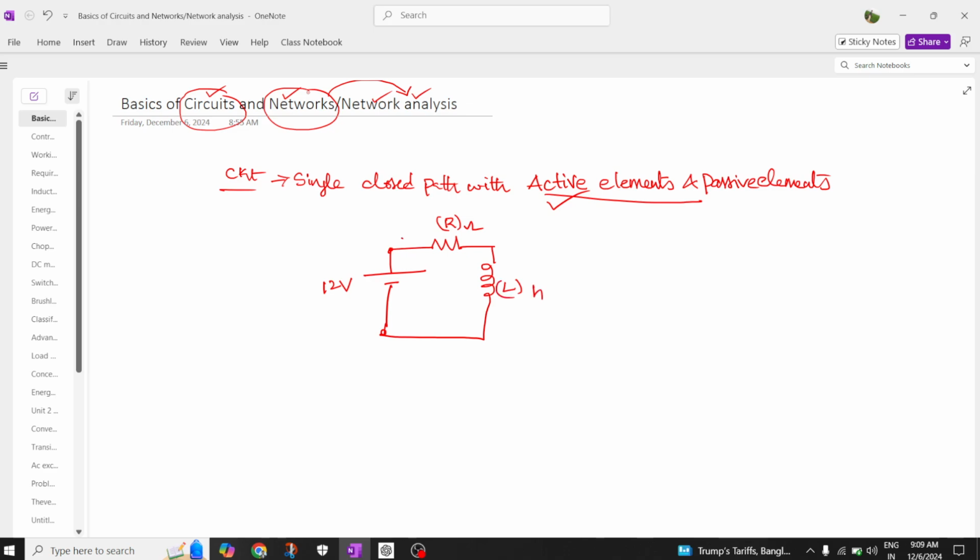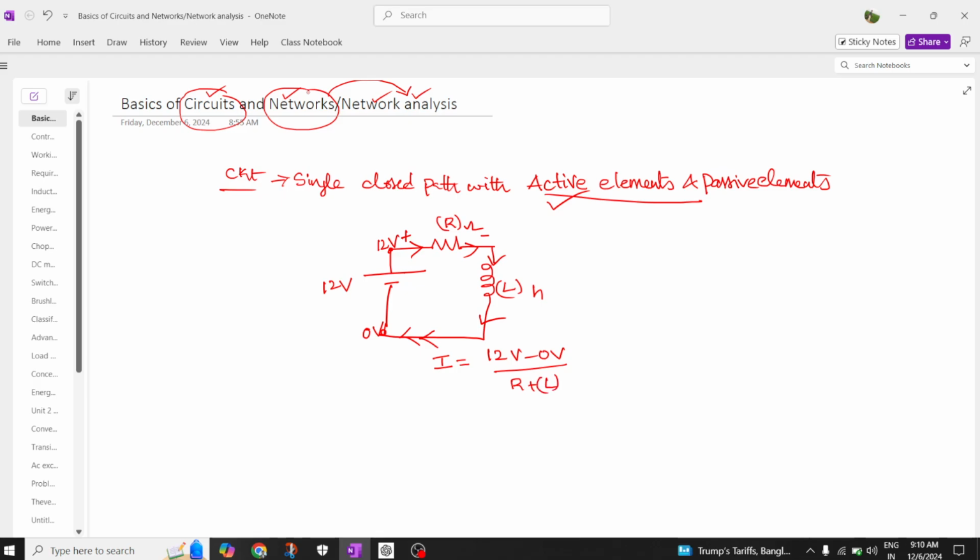In this, I'm assuming the voltage at this point is 12 volts and the voltage at this point is 0 volts, and current starts flowing from high potential to low potential. This I'm going to call current. Current I is equal to 12 minus 0 volts divided by R, so here I'm writing R plus the inductance.